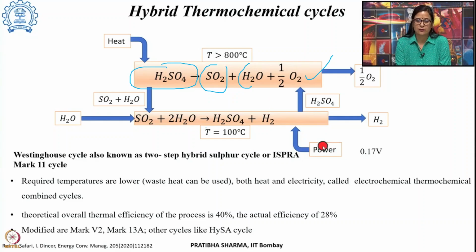Okay, and this SO2 plus H2O will again form H2SO4 and hydrogen. When we apply some voltage difference, at 100 degrees centigrade hydrogen will be produced. This is the hybrid thermochemical process in which temperature as well as electricity can be coupled for the generation of hydrogen.